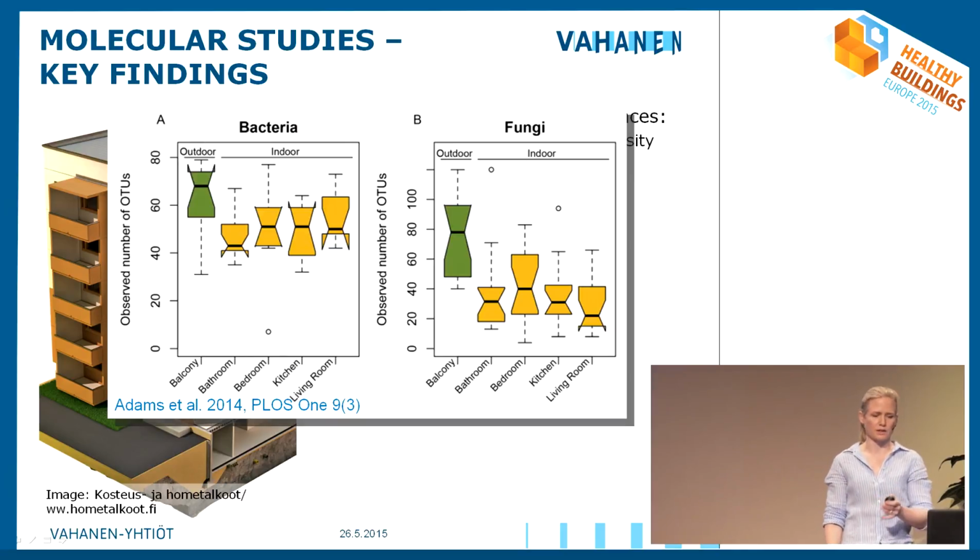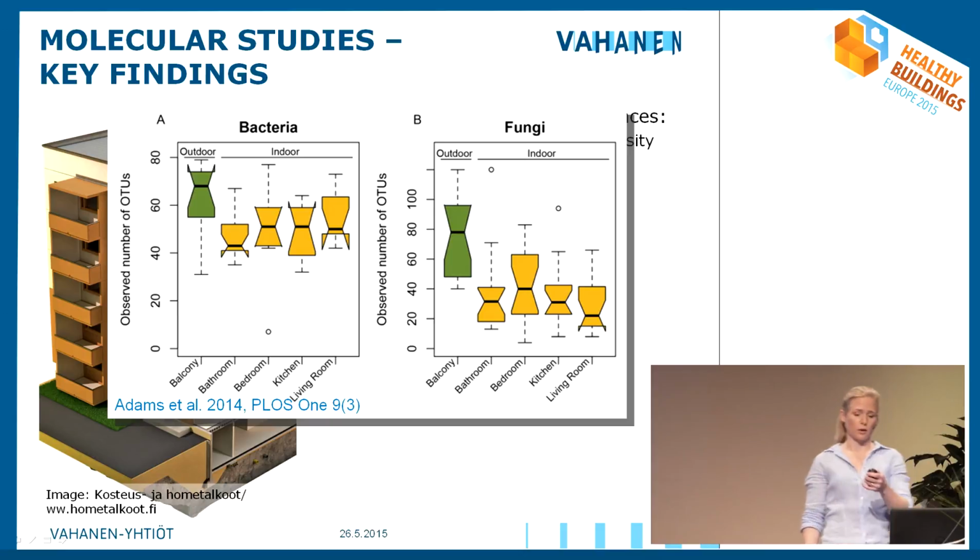For example, here we can see the general diversity. For bacteria, we take one sample and see on average 50 species. Previously, when we did cultivation, it was a couple of species, and now we see about 10 times more diversity. With fungi, it's a little bit less, but still considerable diversity. And the outdoor air is always more diverse than indoor air.